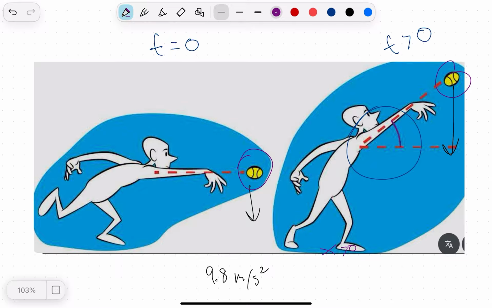Technically speaking, horizontal motion would always stay constant if air resistance is negligible. However, on the right side, when we're throwing upwards, it would stay in the air longer, but it wouldn't go as much further. And that's going to be the end of this first part.